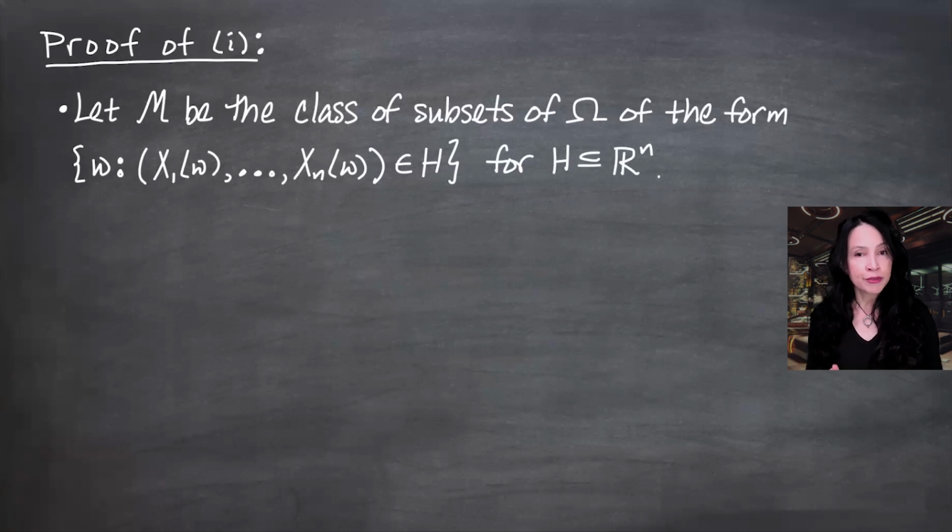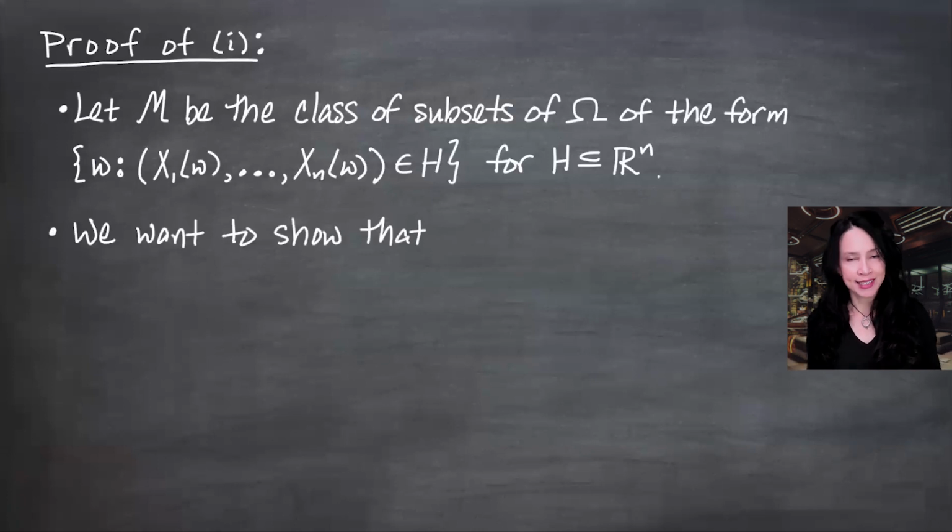So running over different subsets of Rn will give you different sets in the class curly M. Now this is precisely what I claimed sigma of X1 through Xn was going to be. So our goal is to show that M is equal to sigma of X1 through Xn.